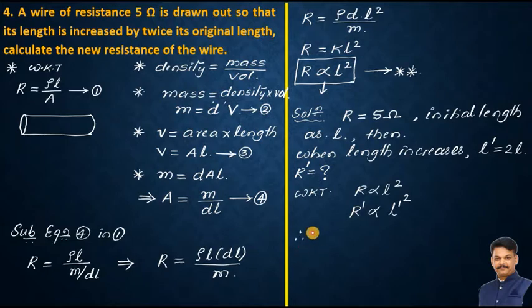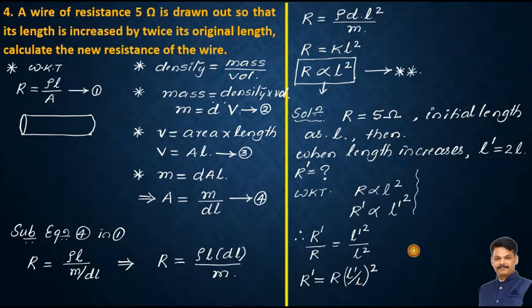Therefore, I get one relationship, that is R dash divided by R. If I divide these two equations, from LHS as well as from RHS, then it will be L dash square divided by L square. Okay, so now I want the new resistance, so R dash is equal to R into L dash divided by L whole square.